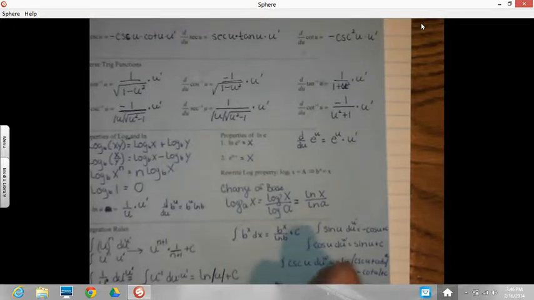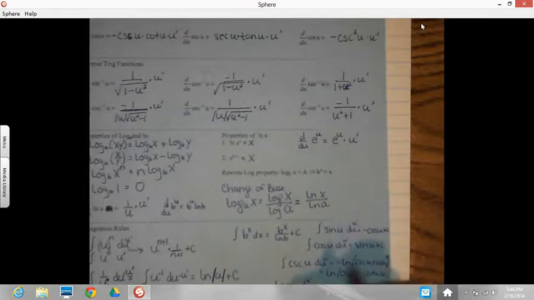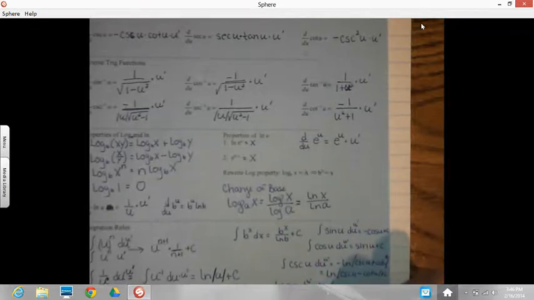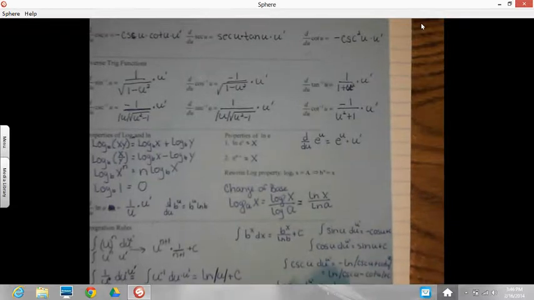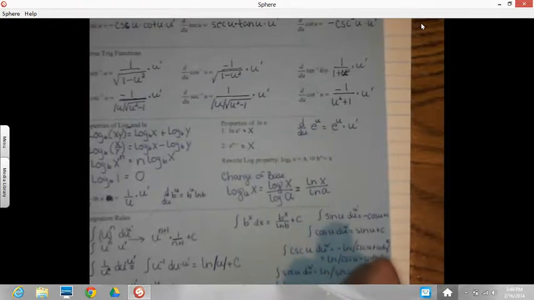Secant u du with the u prime here is the natural log of the absolute value of secant plus tangent. Tangent. Oh, where am I?